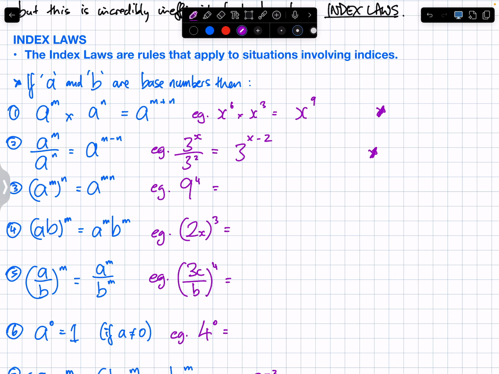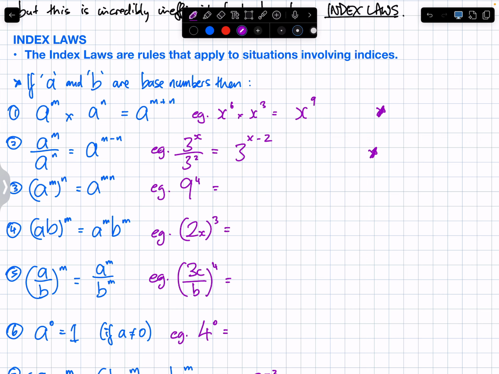All right, example 3. If I have a base number raised to a power, within brackets, raised to another power, what do I do with the powers? I times them together. Now you're looking at this example and telling me, Mr. T, are you having a stroke? That's not a base number raised to a power, raised to another power. Yeah, it is. You're just not seeing it. Is there a number that I can square to get 9? Good.